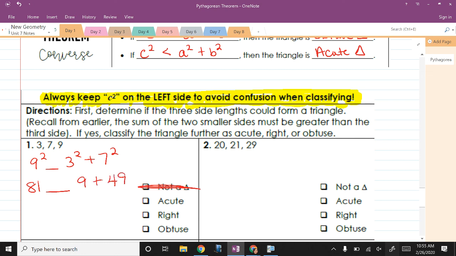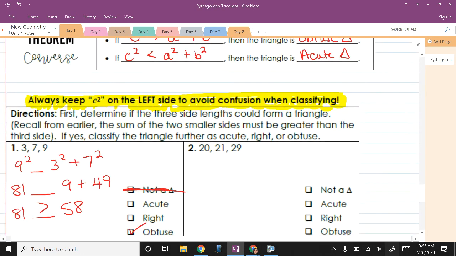What's 9 plus 49? So 81, compare it to 58. What symbol goes there? Greater than. So this is what kind of triangle? Obtuse. So you check the longest side squared and see how it compares to the sum of the smaller sides squared.